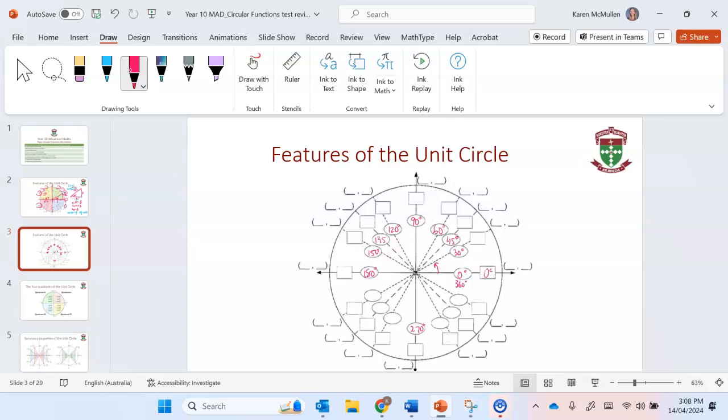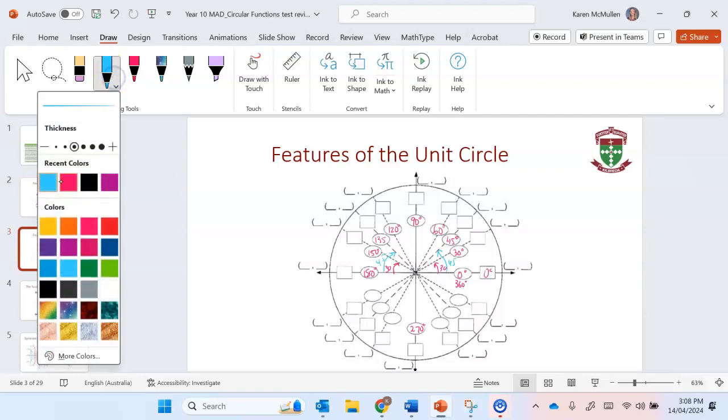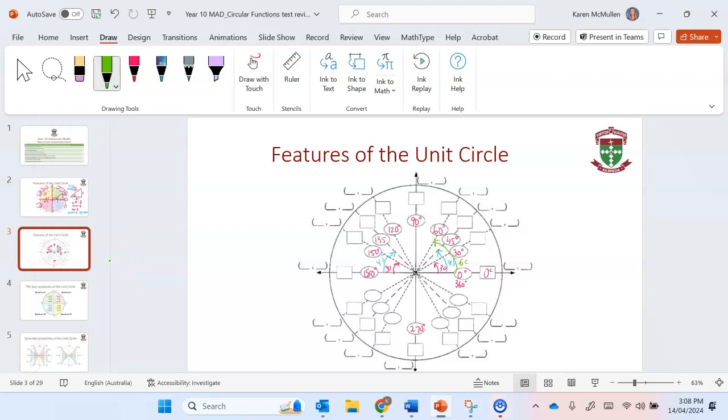So this is 30, and this is 30. This is 45, and this is 45. And this is 60, and this is 60. So remember, we always go from the horizontal.